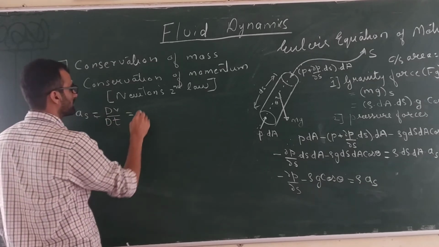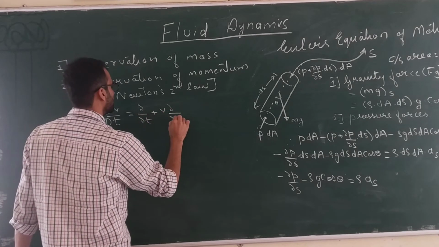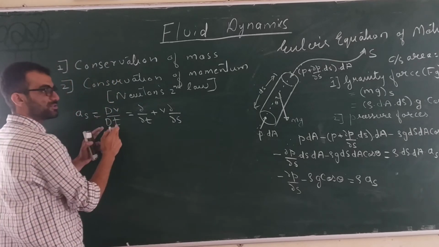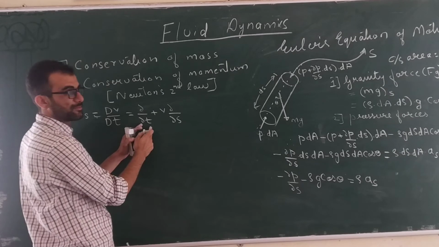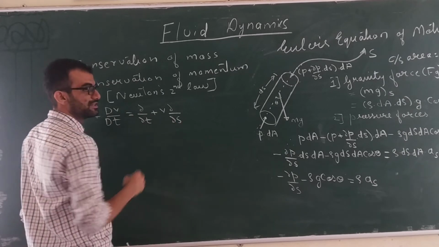That will be del v by del t plus v del v by del s. The first is the temporal acceleration, and this is the spatial component.